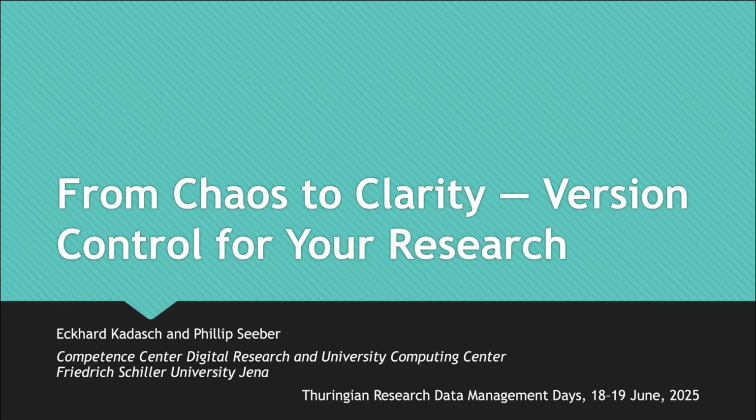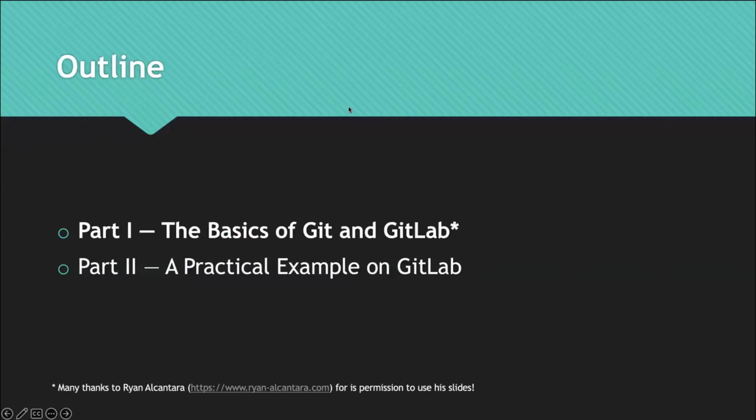So this talk we separated into two parts. In the first part, I will be talking about the basics of version control, the basics of Git, and how we can use Git in our work, and also a platform that's called GitLab, which we can use in conjunction with Git. And the idea is that you get familiar with what version control is and learn some of the terminology that people use when they talk about these systems.